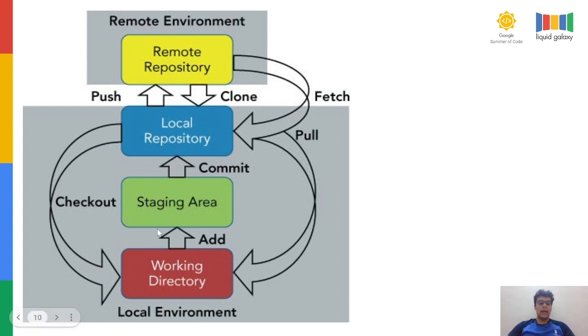A staging area is an area where changes are prepared. It's an intermediate area, and the working directory is basically where you make the files or edit the files.